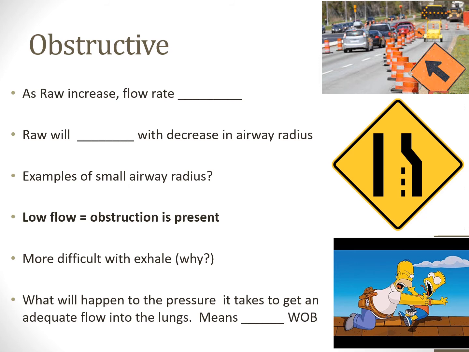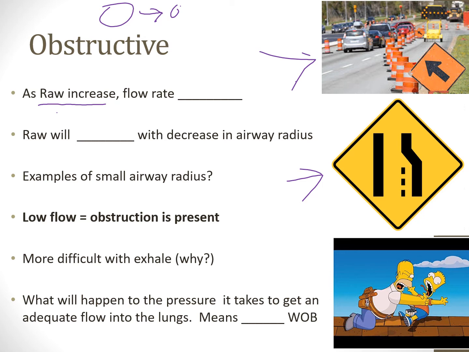As airway resistance increases, what happens to flow rate? Well, air resistance increasing means we're going from a big lumen to a small lumen. We're going from a nice open road to a smaller road, a smaller radius, a smaller opening. How many cars can we get through this smaller obstructed road compared to when it was a full 2-lane road? A lot less.